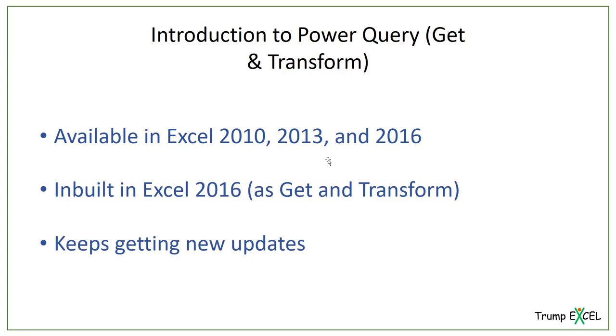If you're using Office 365, then these are instant. So every month there would be new updates and you would get it instantly. But if you're using standalone versions, then you would get it with the new version. So for example, if you're using the standalone version of Excel 2016, then you would get all the updates in the Excel next version, which I believe would be 2019.